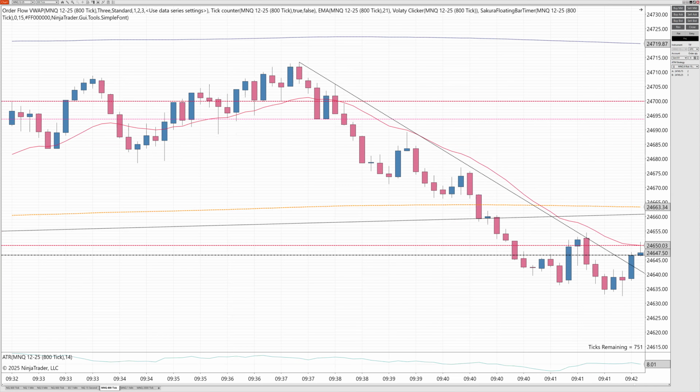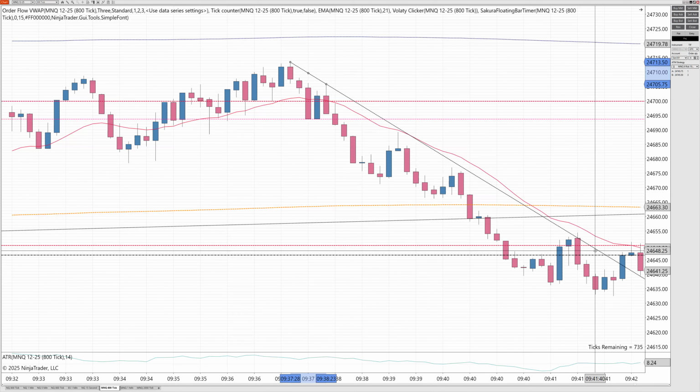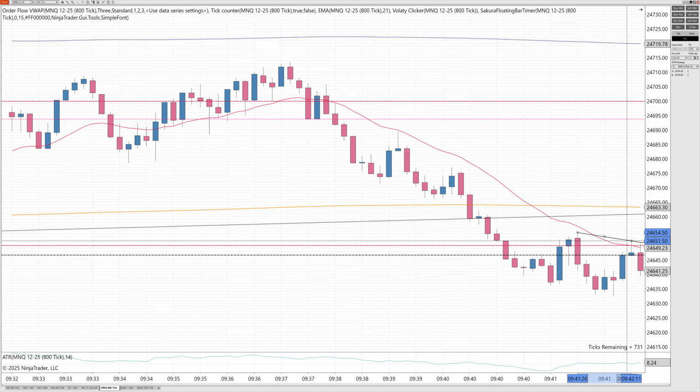Now we're starting to break out of this downward trend line here. We still don't have a setup. This is the setup here. I'll show you what I'm talking about in just a moment. I just have to draw this trend line here because we have a lower high.